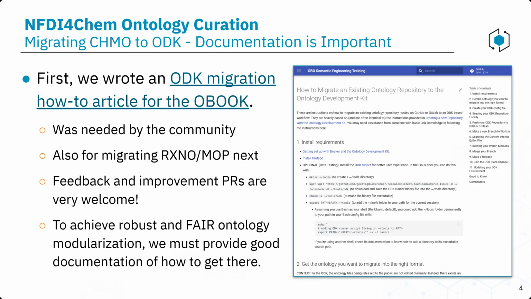It's quite easy to improve the OBOOK because it's based on GitHub, so we could make a pull request and add this documentation. Together with already existing great tutorials and how-to articles, this documentation will hopefully help anyone with some basic Git and command line knowledge to do a similar ODK migration.